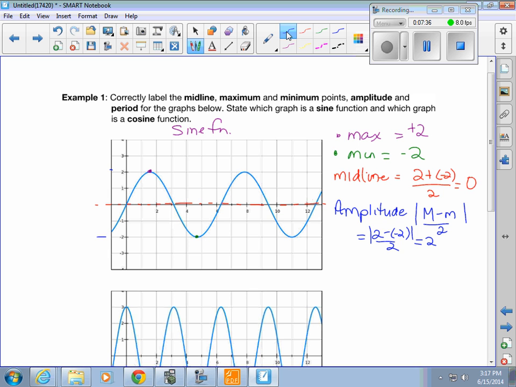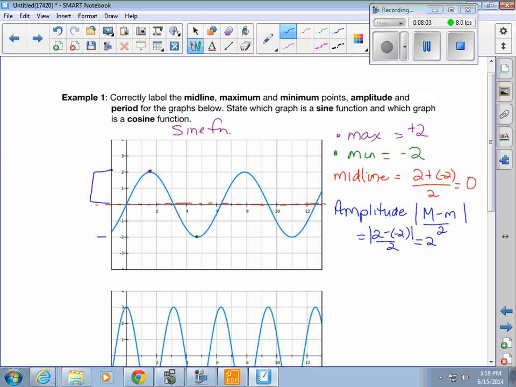And then finally the period for this graph. Sorry, this would be my amplitude in there. The period for the graph would be where it goes from its starting point and then back to that starting point again.